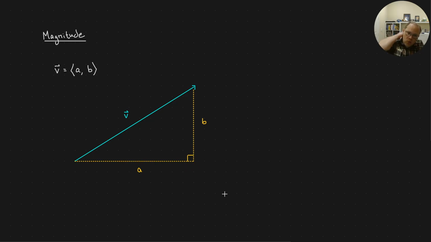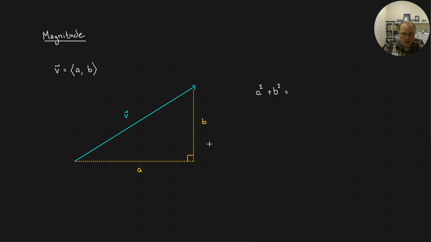And so we can use the Pythagorean theorem to find the length of the vector. So by the Pythagorean theorem, the length of one leg squared plus the length of the other leg squared is equal to the length of the hypotenuse squared. Now I do want to caution you, this is not v squared, because remember v isn't a length, v is a vector.